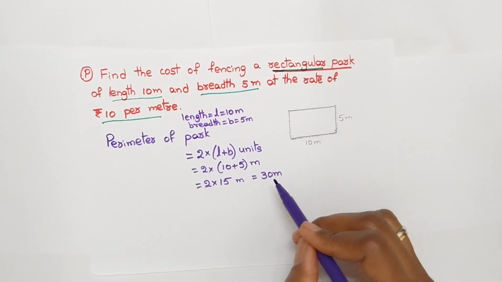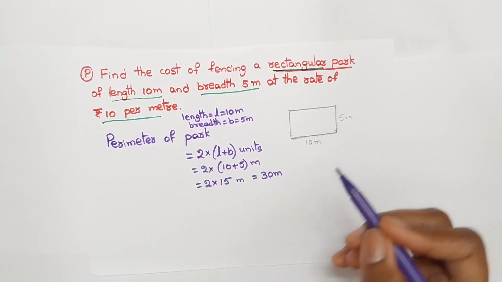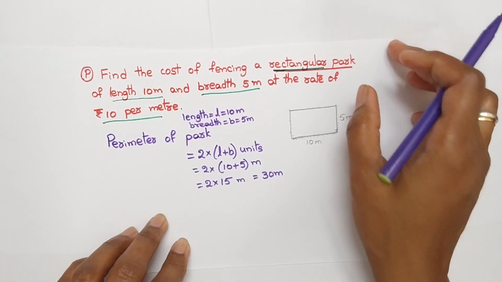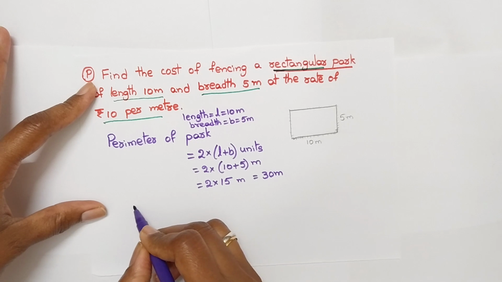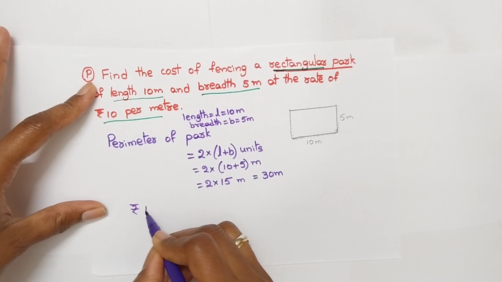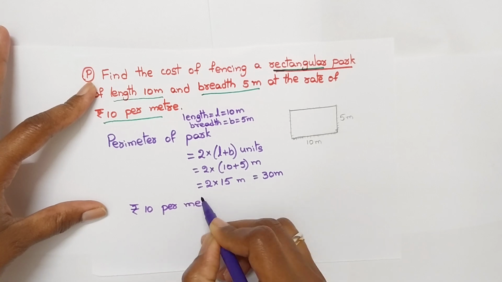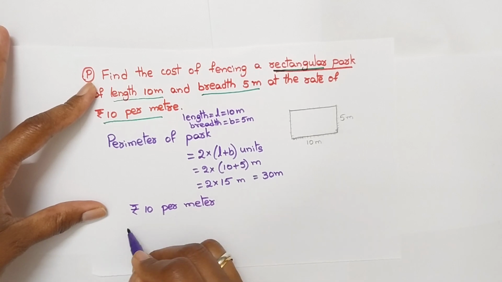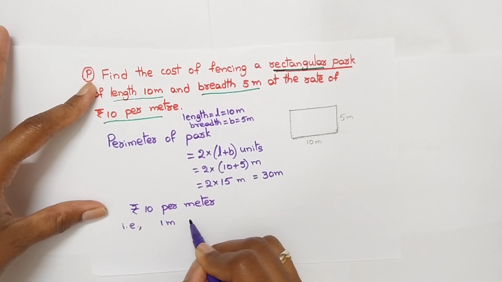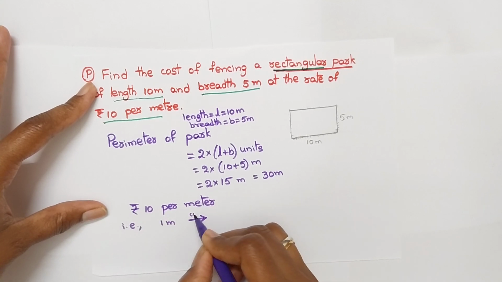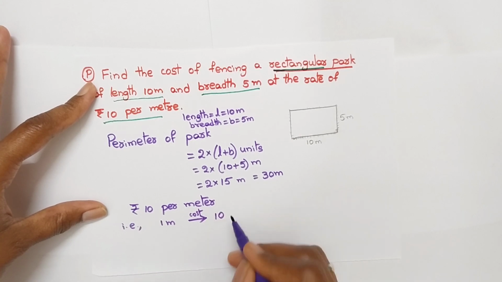So for 30 meters length they have to put fence. What is the cost of fencing per meter? Rupees 10 per meter. That is, 1 meter costs 10 rupees.